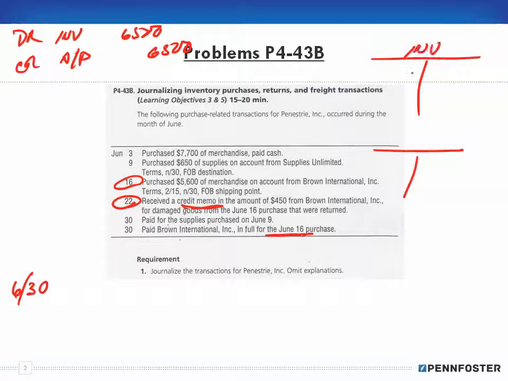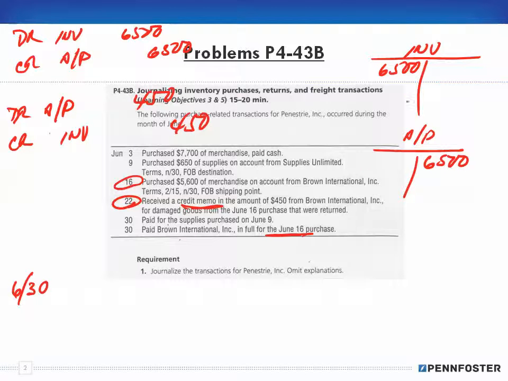Because if I have an inventory account and I put the 6,500 here, and I have my accounts payable for 6,500 here, and then if I did my June 22nd entry, which was a debit to accounts payable and a credit to inventory, remember reversal there, and that was in the amount of $450.